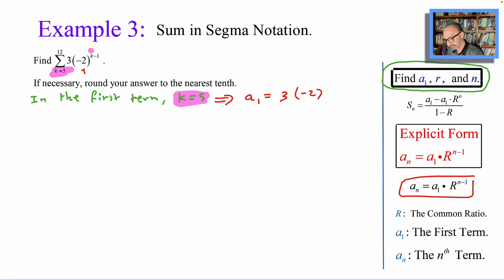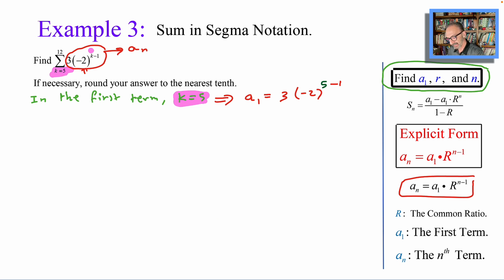That's the base, to the power k minus 1. And in this case, I'm going to write 5 and subtract 1. So I'm using the nth term. This is the nth term in general, but to find the first term in our sequence, I used k equals 5 because that's my first k value that I could use.